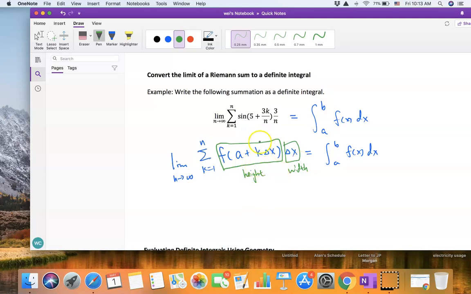If we compare this with what we're given, each piece also has two components. The first component is this function sine of pi plus 3k over n, and the second piece is 3 over n.